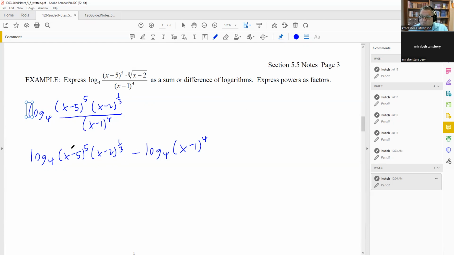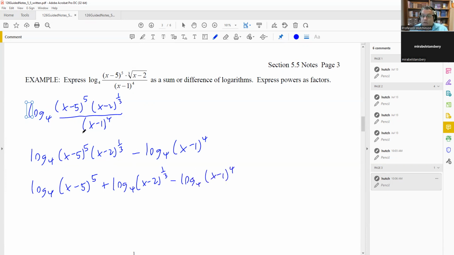Next, this first one is one that we can break apart using property number 6. The multiplication turns into addition. Now I'm doing both of these separately, but if you want to go ahead and do all this in one step and just jump down this line that I'm doing now, that's okay. So this whole thing would be now expanded.